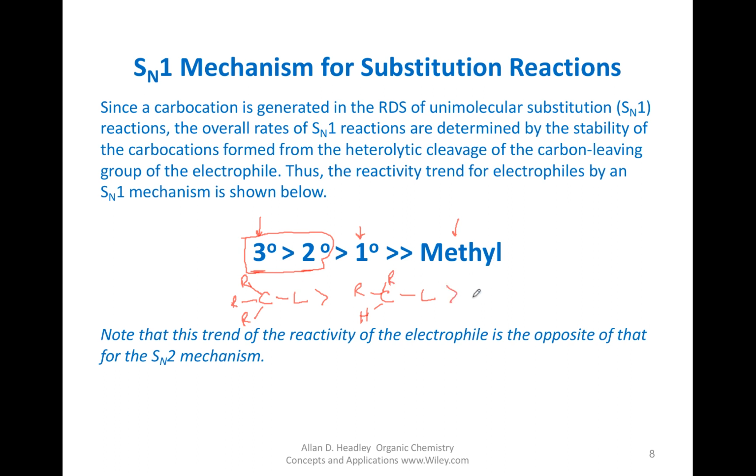And of course, as you can imagine, it's more reactive than a carbon that has a leaving group and has an R and 2 H's, making it a primary electrophile. So these two type electrophiles are the most reactive by SN1, and the tertiary electrophile is the most reactive. I should remind you that this trend is the exact opposite of that for the SN2, because the mechanisms here are different. So it's the exact opposite.